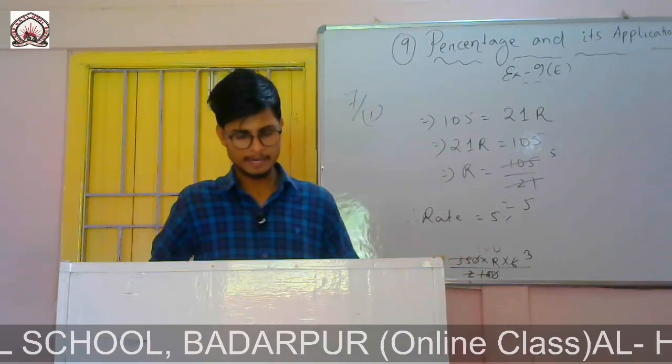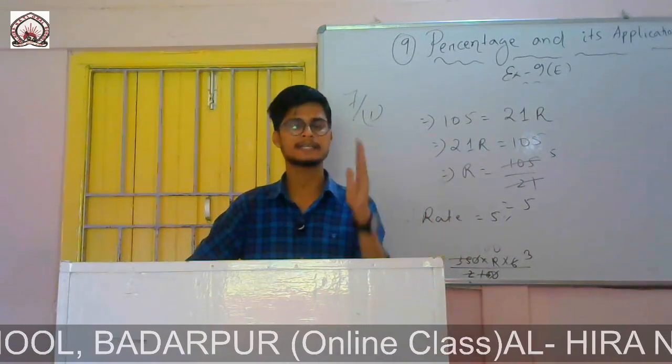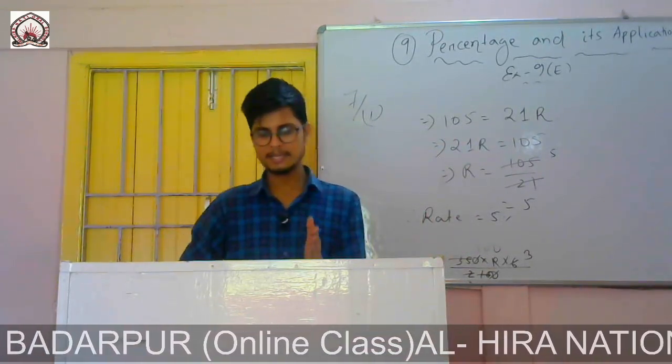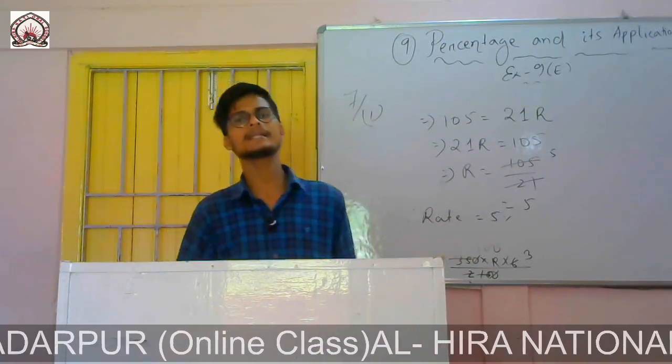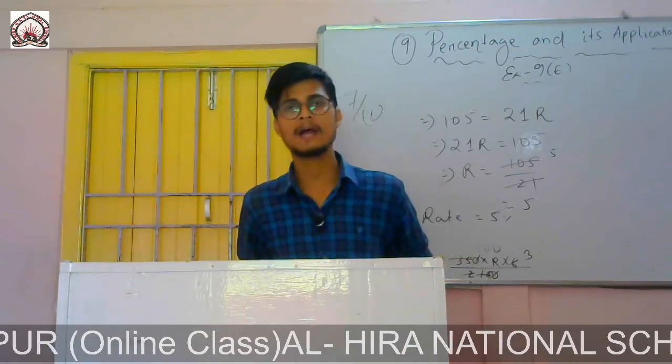Now question number 8. It is also the same, but here the question is to find the time. Amount, principal, SI and rate of interest are given, but in question number 8 you have to find the time.